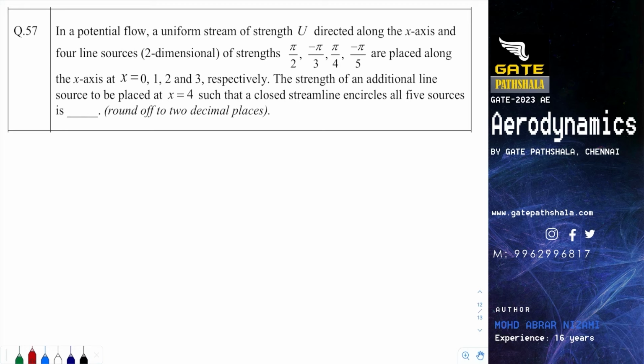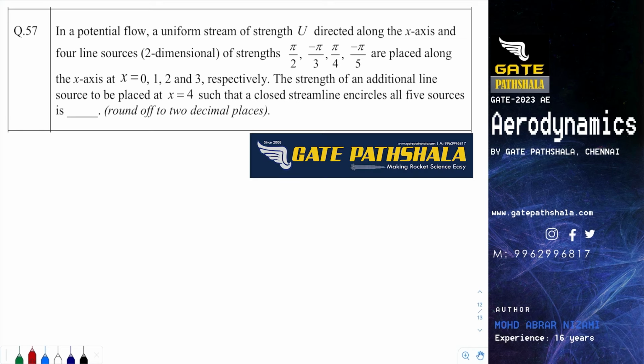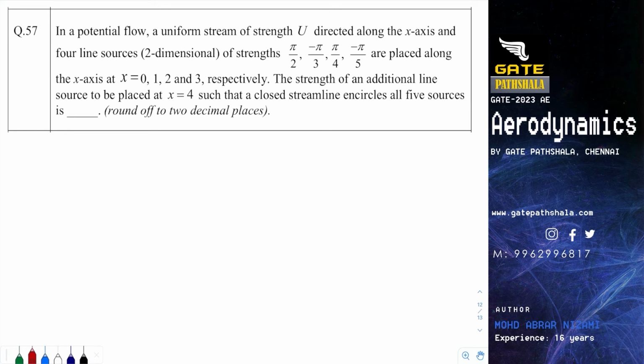In a potential flow, a uniform stream of strength U directed along the x-axis and 4 line sources of strength pi by 2, minus pi by 3, pi by 4 and minus pi by 5 are placed along the x-axis at x equals 0.